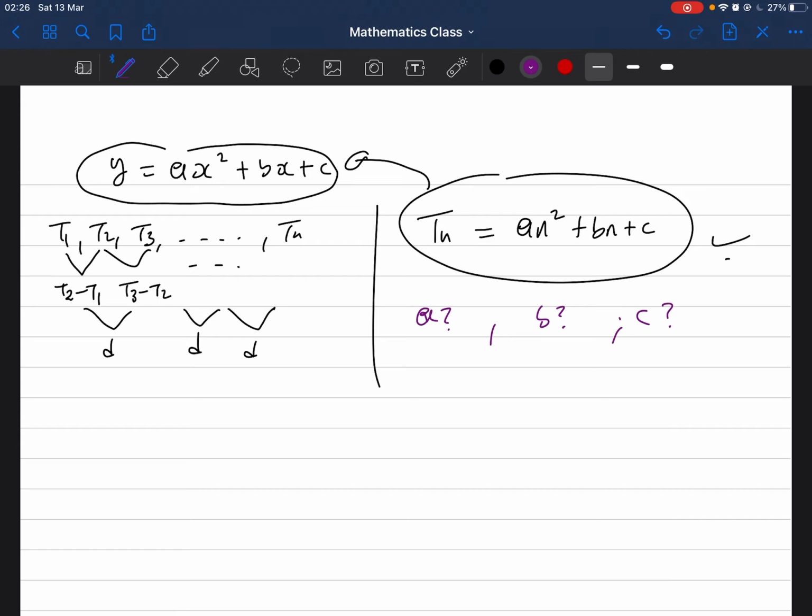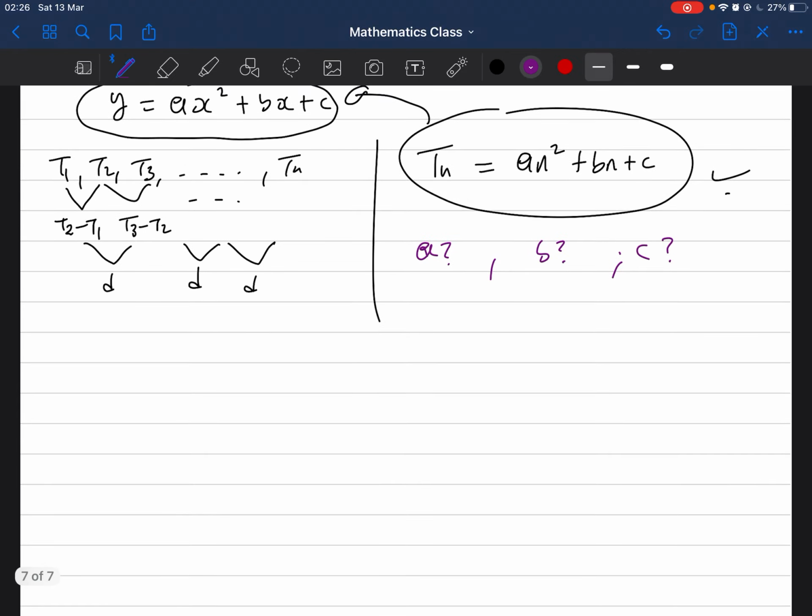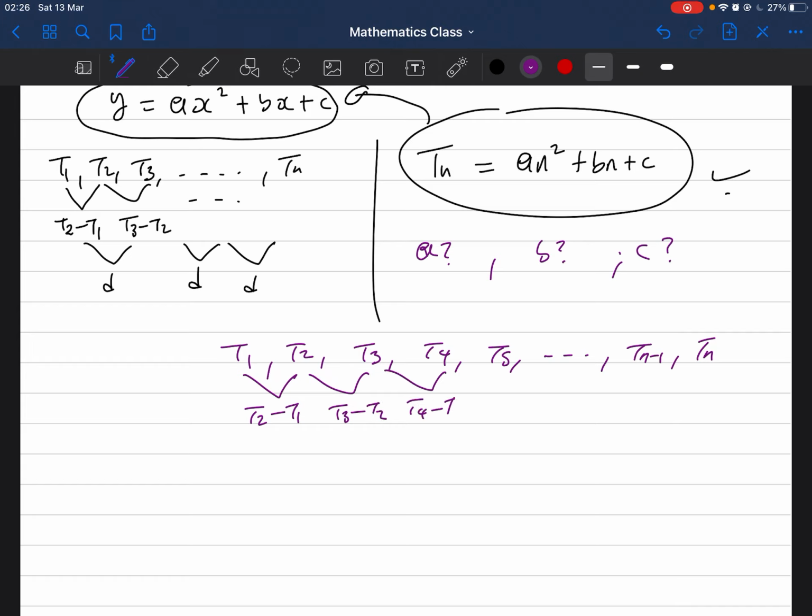How do we do that? You have a situation like this: T1, T2, T3, T4, T5, all the way to Tn minus 1 and Tn. First you find the differences: T2 minus T1, T3 minus T2, T4 minus T3, T5 minus T4, all the way to Tn minus Tn minus 1.